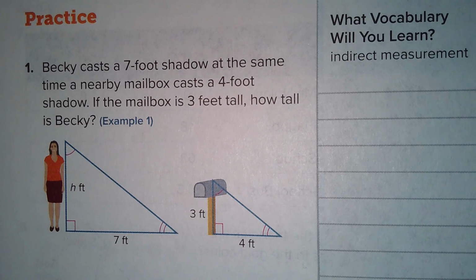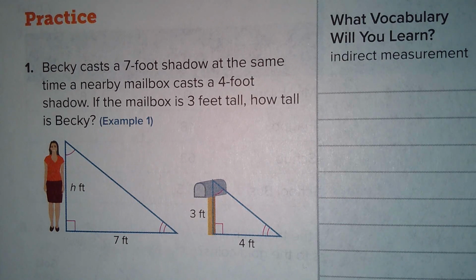All right, so what we're being given here are two similar triangles, and because they're similar, we can set up a proportion to find what Becky's height is. And this method is called using indirect measurements. Indirect measurements allows you to use properties of similar polygons to find distances or lengths.